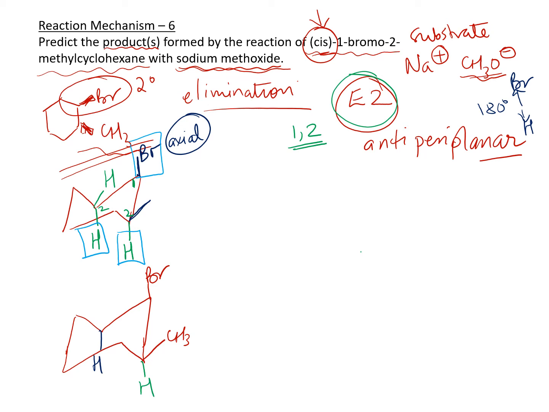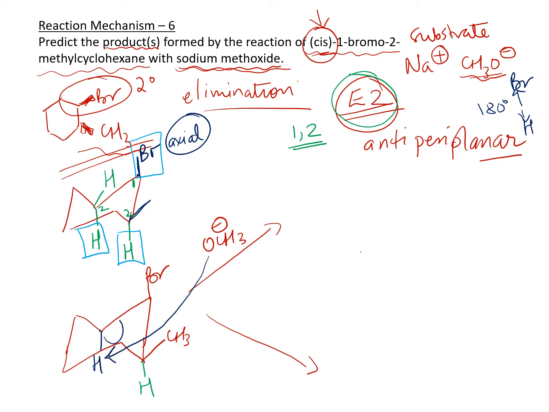And so now it's time for the mechanism. Because I have two anti-periplanar hydrogens, I can actually have two eliminations going on. Remember my mechanism is E2, so OCH3 minus is the base that I'm going to have. In the first case, the methoxide will come and pick this hydrogen.